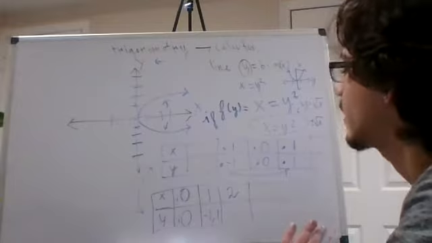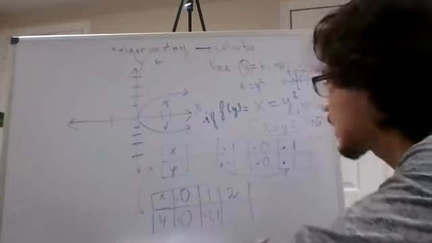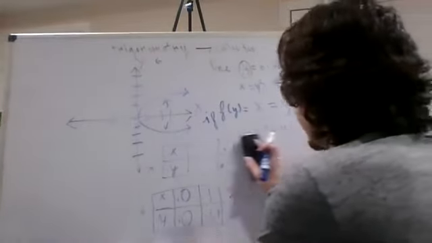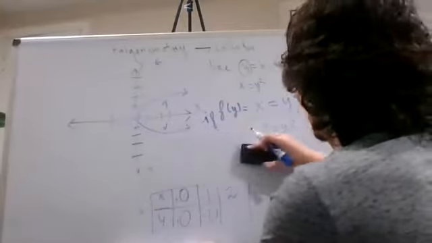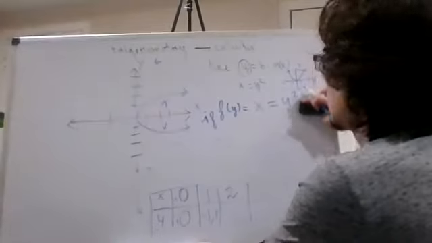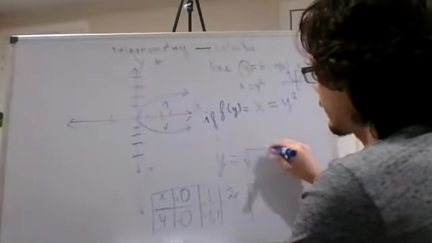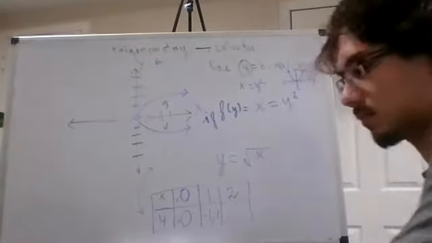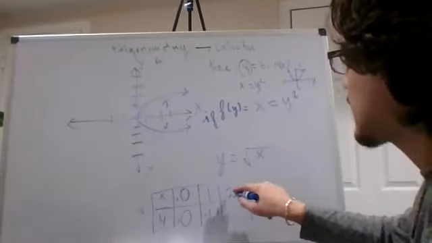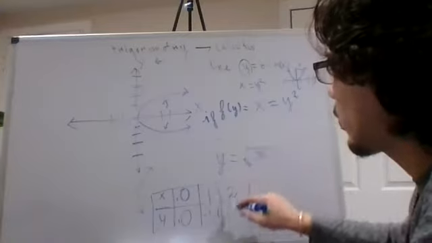You're on the right track, but you did it a little backwards. We're talking about y equals square root of x now. So if the x is 2, what would y be?